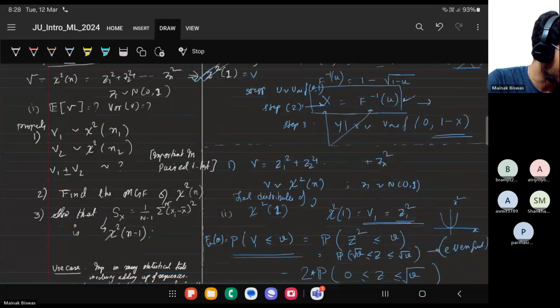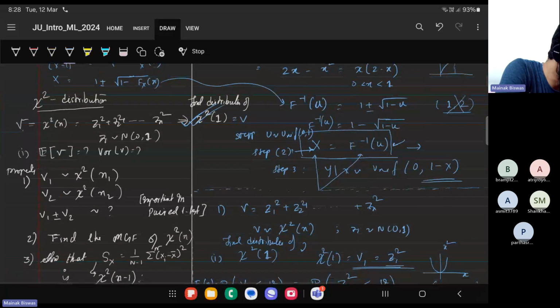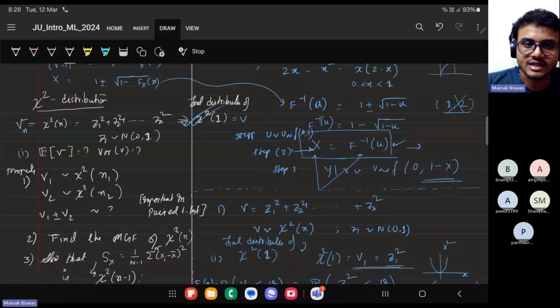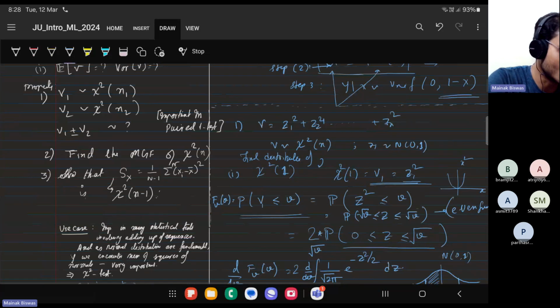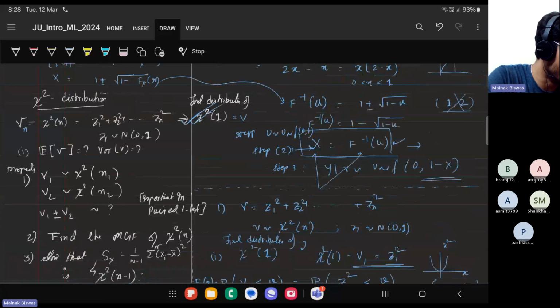So the distribution we are currently looking at is a generic distribution, which is the sum of n normal distributions. We are currently at the base case, where the number of normals is 1, and we found the distribution and the expected value of that. Variance for all these cases is your homework.